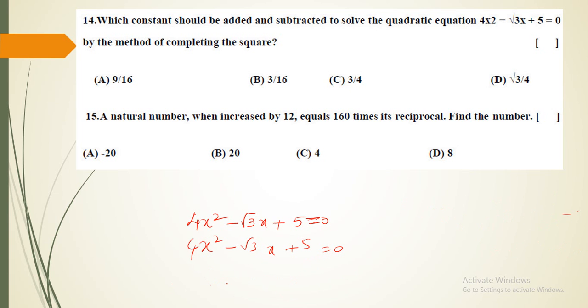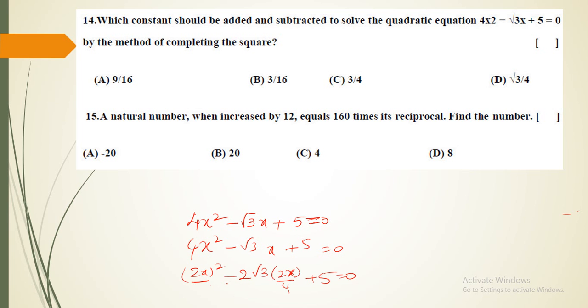So 4x square minus root 3 x plus 5 is equal to 0. Then this becomes 2x whole square minus root 3 times, so here I need 2x, so I multiply with 4 and divide with 4 so that I can compensate these values, plus 5 is equal to 0. So 2x whole square minus, sorry, here I need to consider 2 only.